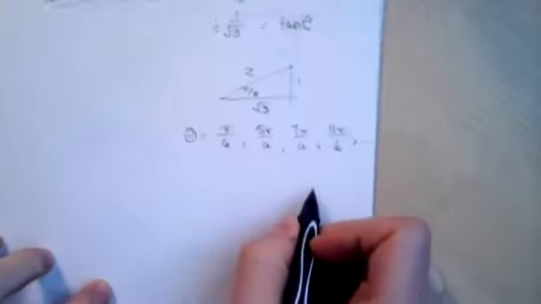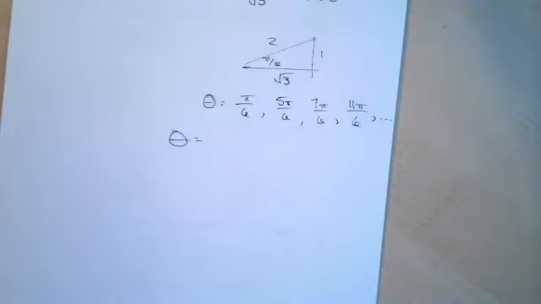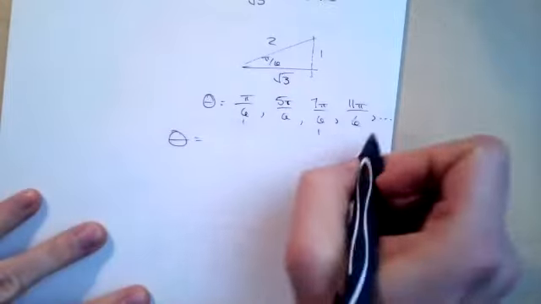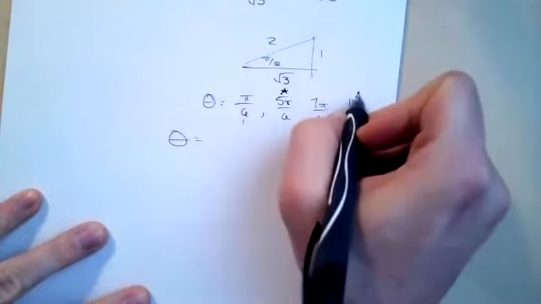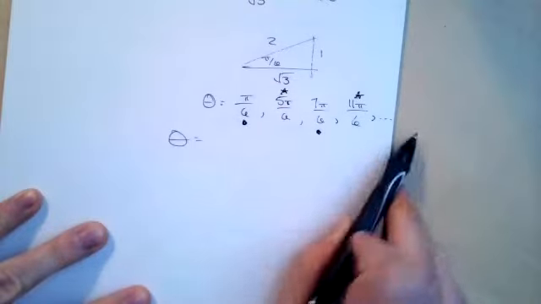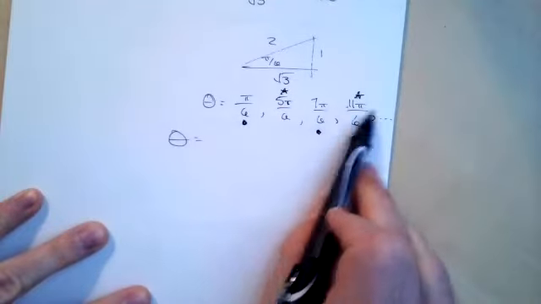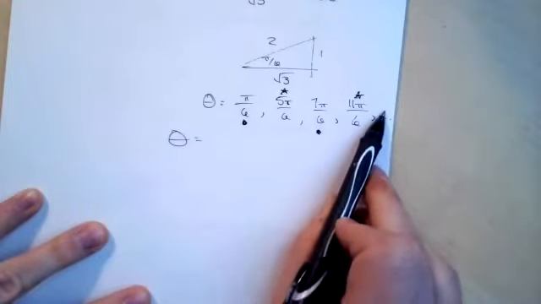And since we're in Calc 2, let's go ahead and actually write these as sequences. So anyone understand or kind of see how we can write this as a sequence? It's actually easier if we write it as 2 sequences. We kind of want to keep these terms together and then these terms together. So what's the next one going to be? Next one's going to be 13, right? So we'll have pi, we'll have 1, 7, 13.